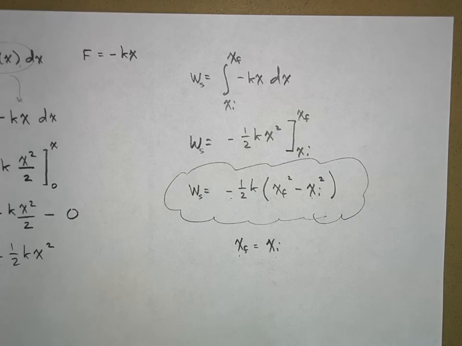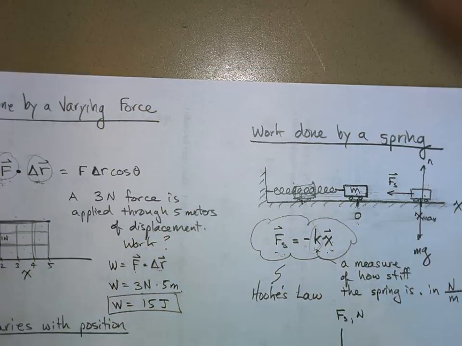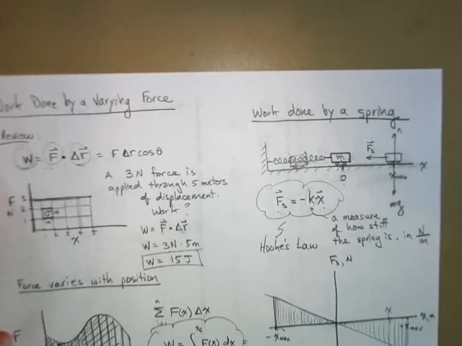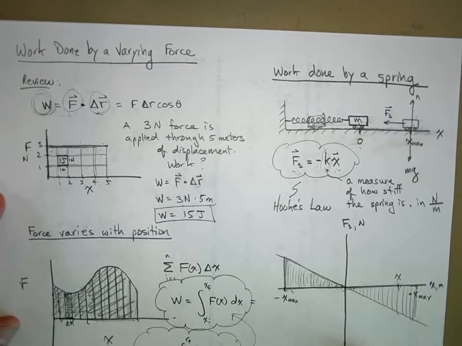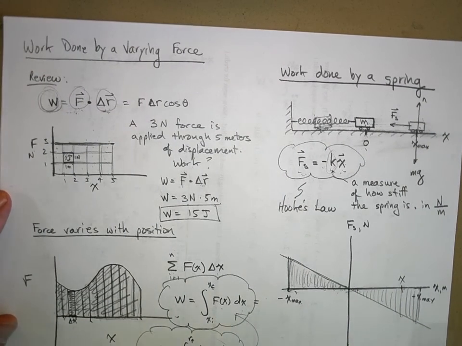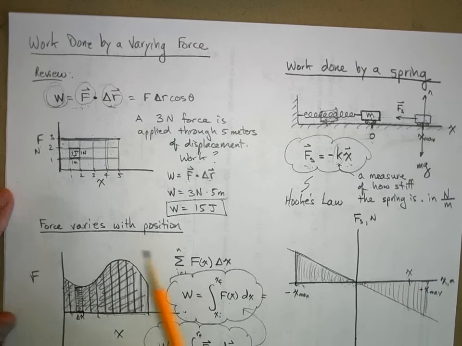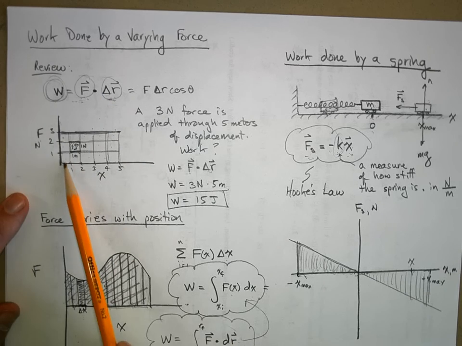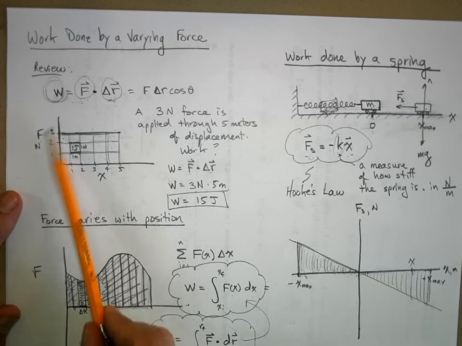So, let's just review real quick what we did. Let me zoom out. All the way. Remember, work is force dotted with displacement, but work can be represented by the area underneath a force versus position graph.